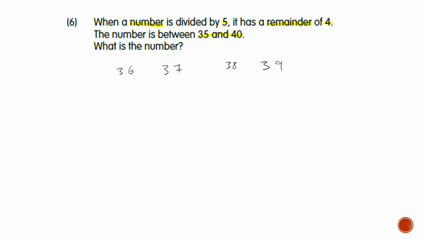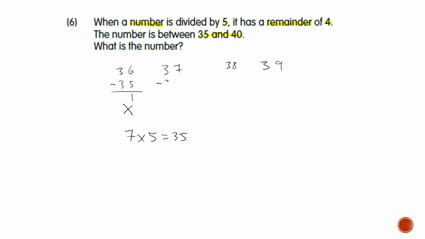So let's think of which is the multiple of 5 that is closest to all these numbers. And we realize that 7 times 5 gives you 35. So this is the multiple of 5 that is closest to all of these. So let's just check. If I minus 35 from this, I get a remainder of 1. So this is not correct.